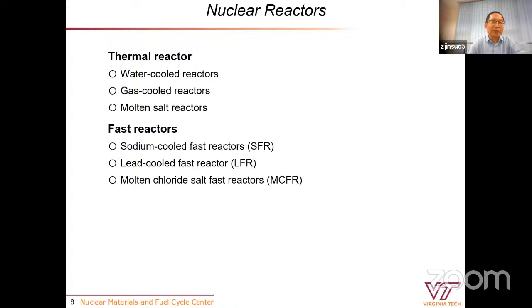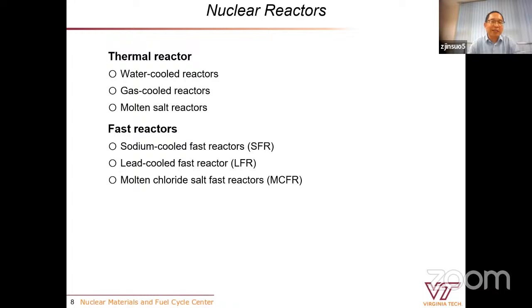And we have the molten salt reactor concept. A molten salt reactor was operated in 1960 to 1970, around that time frame, at Oak Ridge National Lab in the USA. However, we do not have any commercial molten salt reactor in operation or planned to build now.